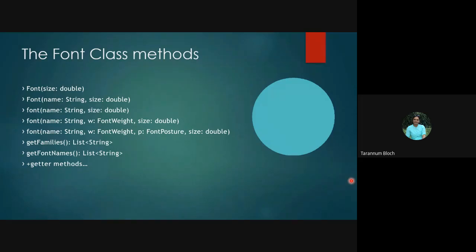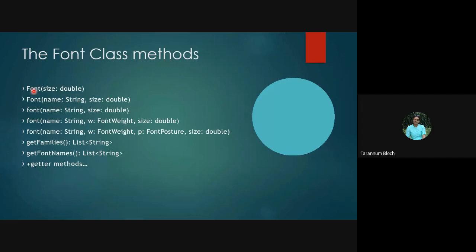So we said the Font class has various methods, and we were discussing constructor overloading. You can see here, Font with capital F, and our class name is also Font with capital F. So there are various constructors available. You can give only the font size, and it will take the default name. Otherwise, you can go with the font name and size both.